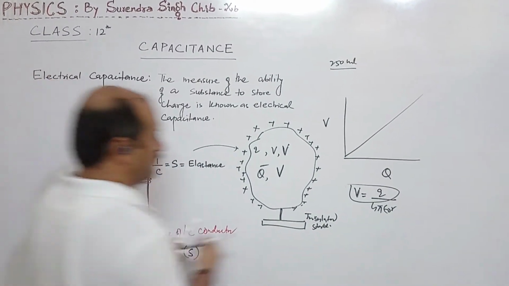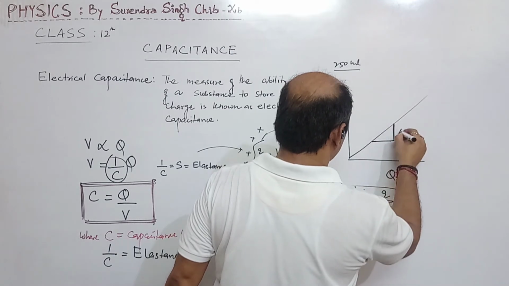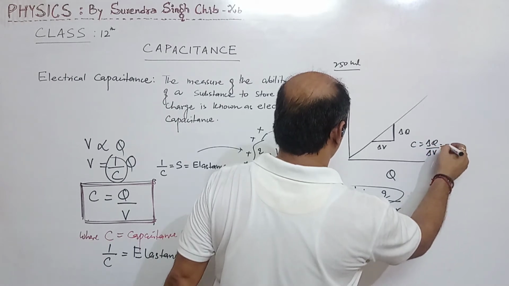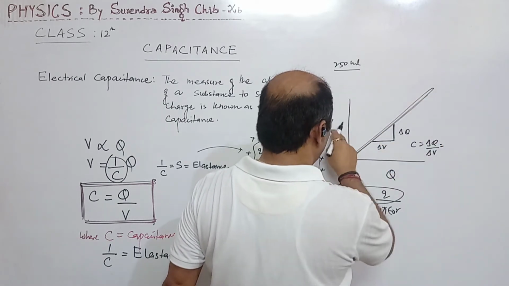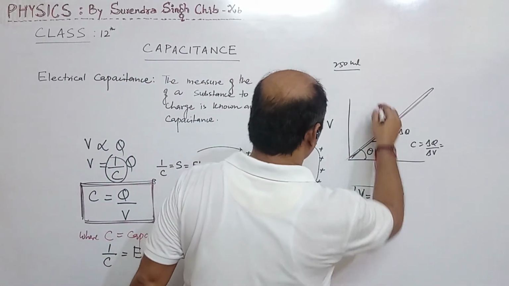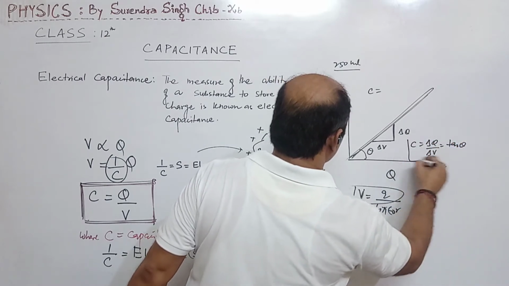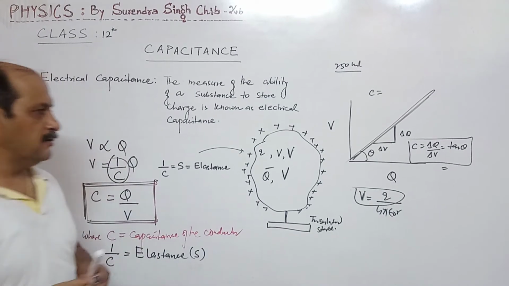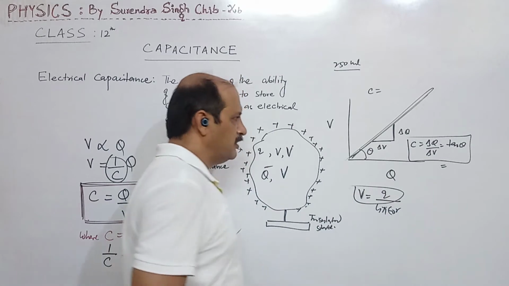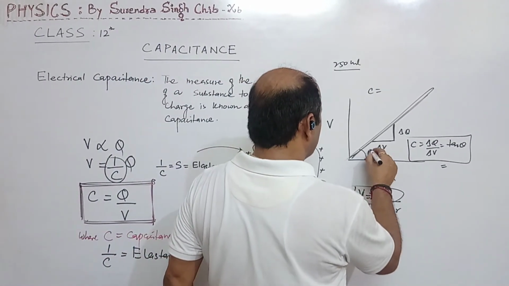You can find delta Q upon delta V, or find the slope of this V versus Q graph with the Q axis. The slope, say tan theta, gives the capacitance. This also gives the capacitance.